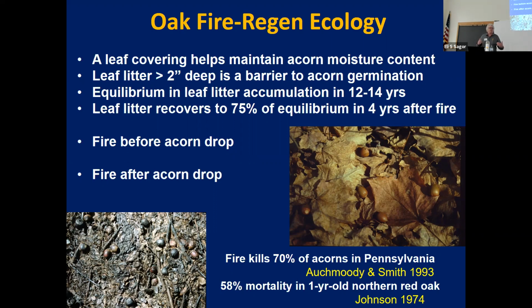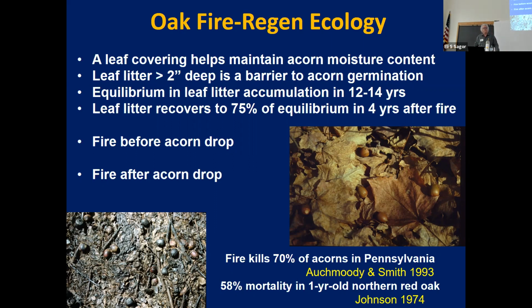We reach an equilibrium in about 12 or 15 years where decomposition is kind of equal to input. If you burn that off, within 4 years after the fire, 75% of that equilibrium amount of leaf litter has already accumulated again.